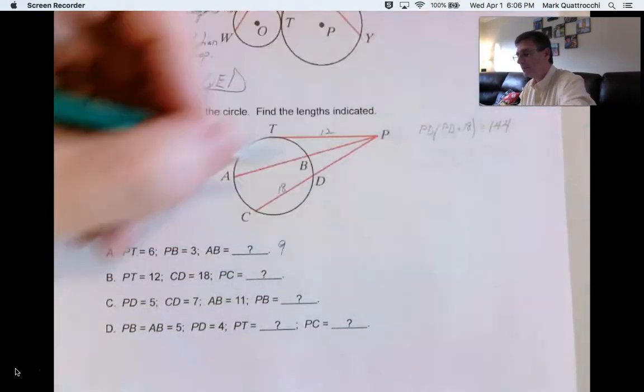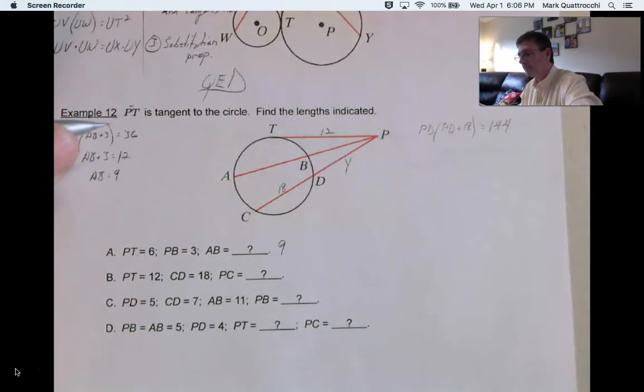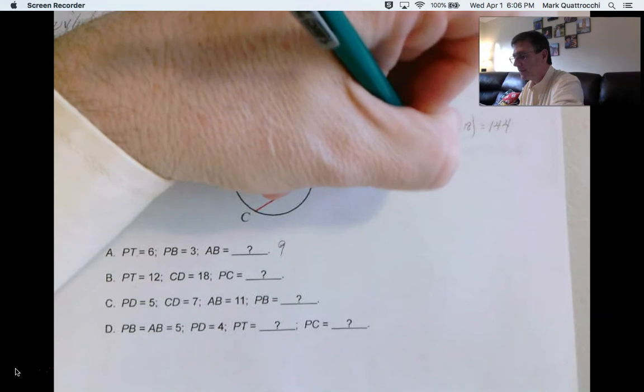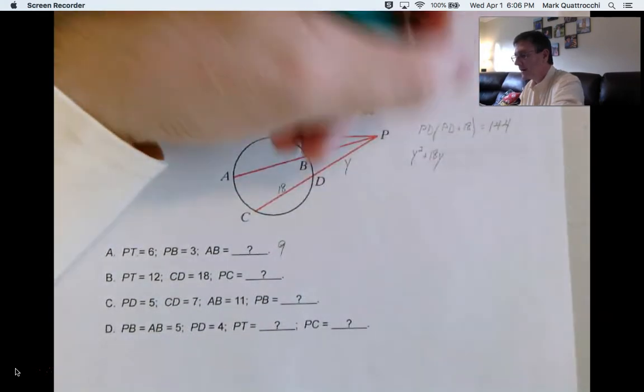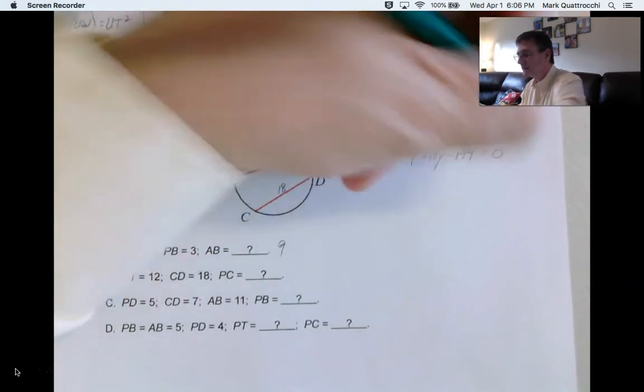Distribute the PD. I'm going to make this a y. So y squared plus 18y minus 144 equals 0.